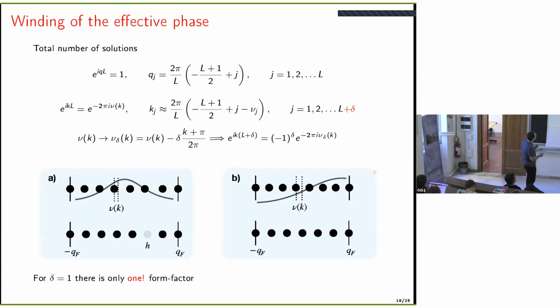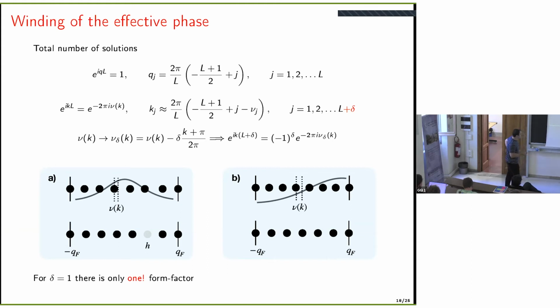Now, since all numbers must be in the Brillouin zone, the total number of solutions depends on this delta, and one can show that the total number of solutions of this equation in the Brillouin zone is actually not L but L plus delta, and delta can be negative.